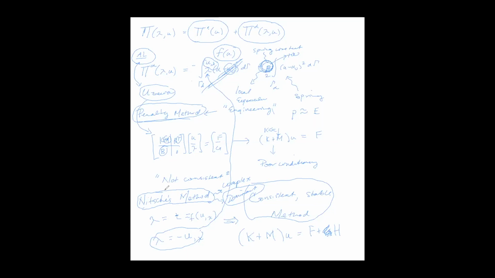But AL still probably is more general purpose. In other words, you could do almost anything with AL. It's just turn the crank kind of a thing. A lot of the big finite element codes may process literally hundreds of different kinds of constraints in a single run. And nobody has time to sit around and derive a different method for every single possible constraint you could run into. So that's one issue.